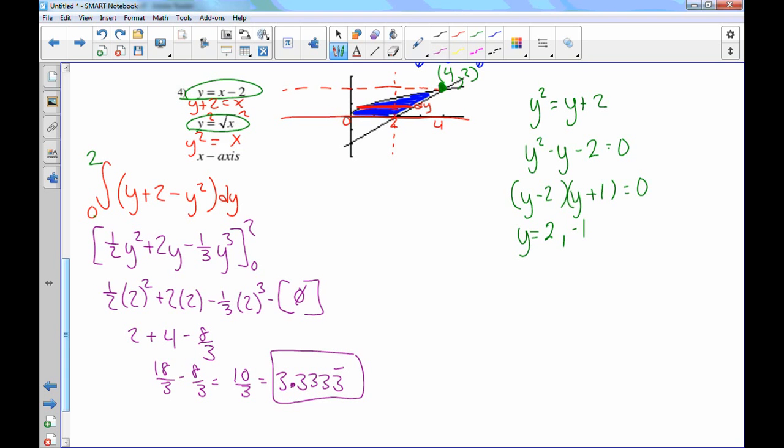Any questions? Okay, let's open up your books. You guys have any homework on this, right? And yes, you can integrate them with respect to x, but that's not what this assignment is focusing on. We're focusing on integrating with respect to y.